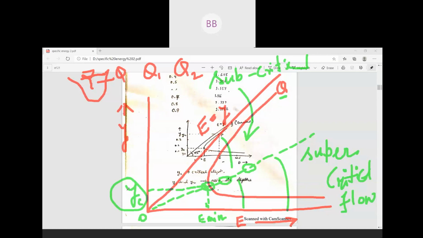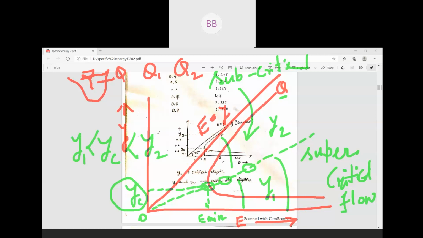So the depth of flow in supercritical flow is less than your critical depth, and the depth of flow in subcritical is greater than your critical depth. If you consider this is your y1 and this is your y2, then y1 is less than yc, which is less than y2.